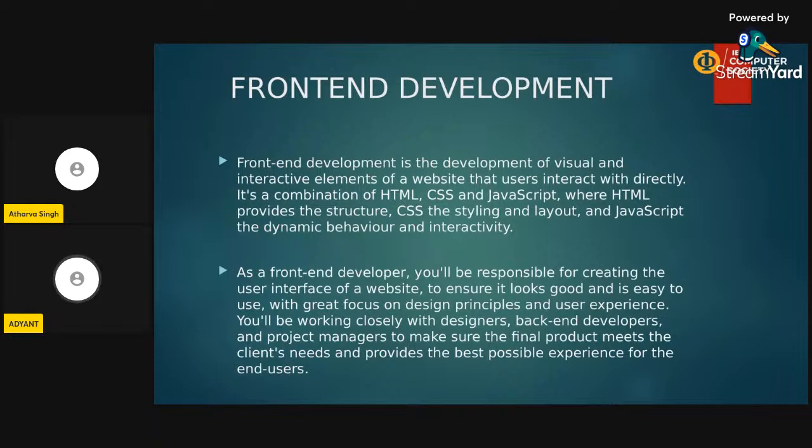The most basic thing about front end development is HTML. HTML is not a programming language; it is a markup language, which is the first step towards being an aspiring web developer.